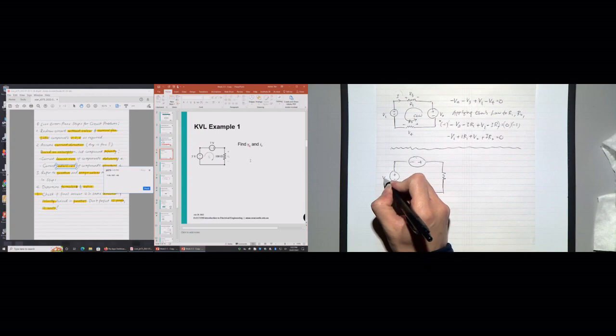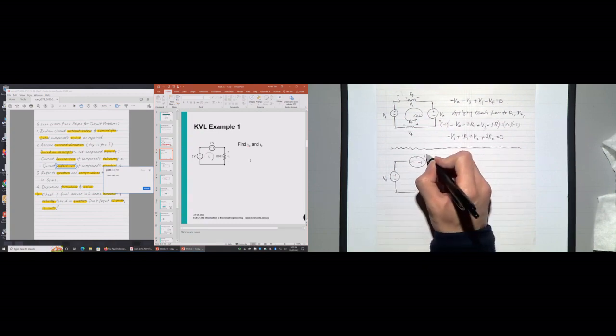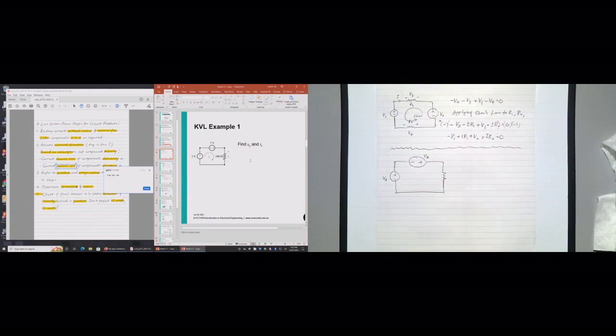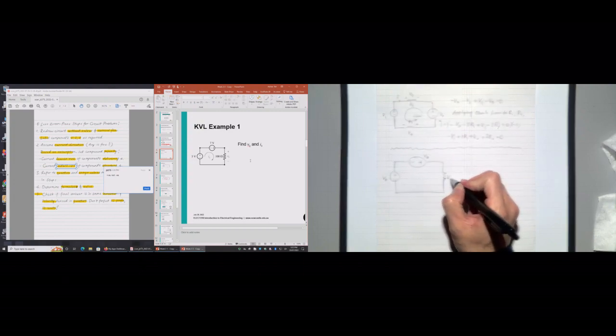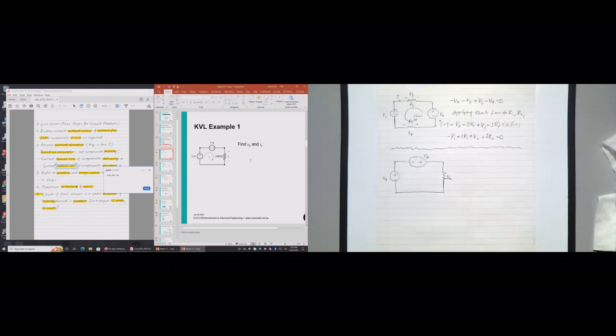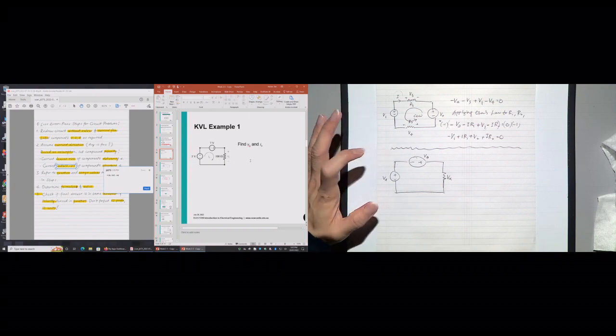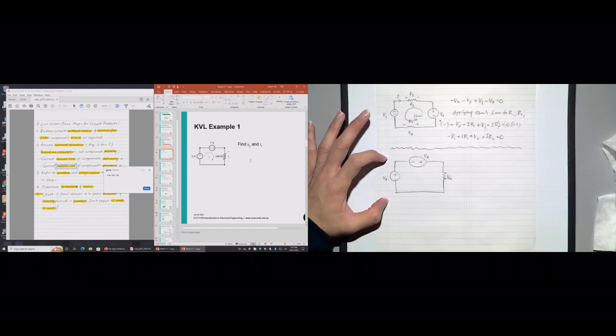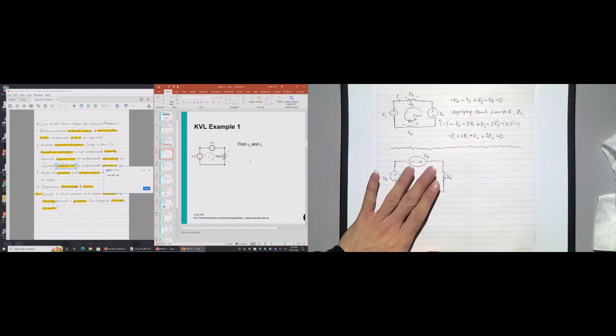I call this one VA, VB, and I have a VC here as well, which I just call VX. So step 1 is done. I have a bare bone circuit with my own labels.